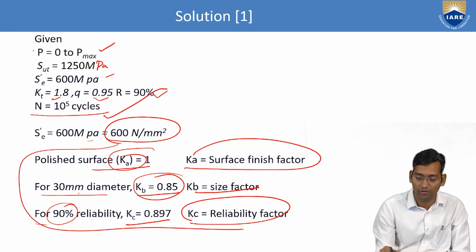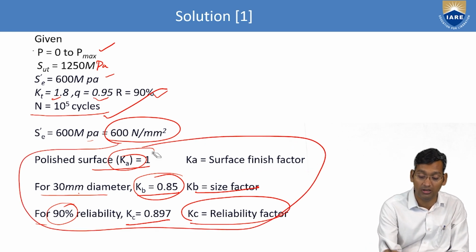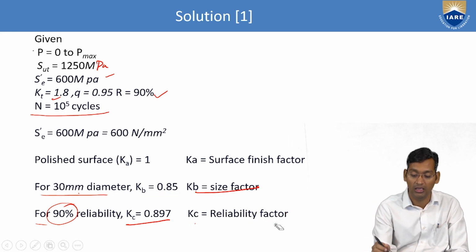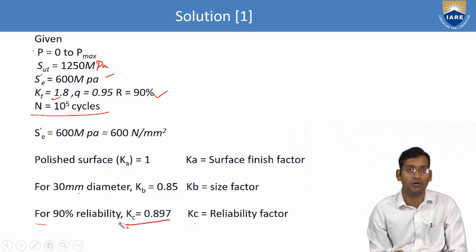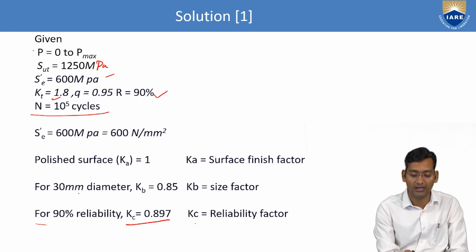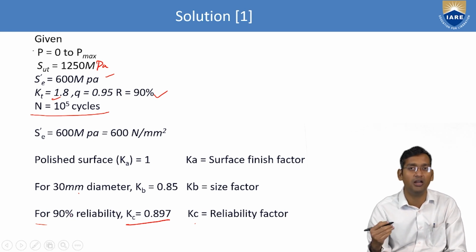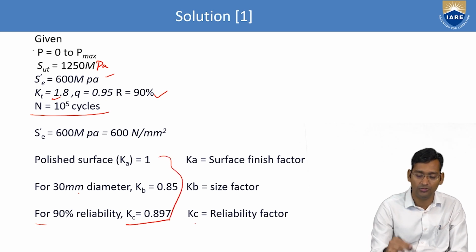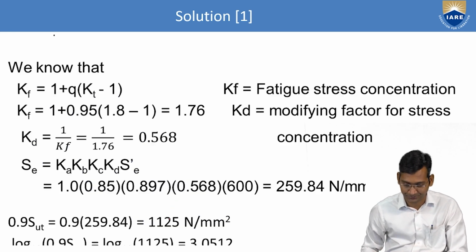These things we found from the table depending upon the given condition. Earlier the metal name was given, like steel, but here it is given as a polished bar. According to that, and whatever the reliability is, you can find the values from the table.